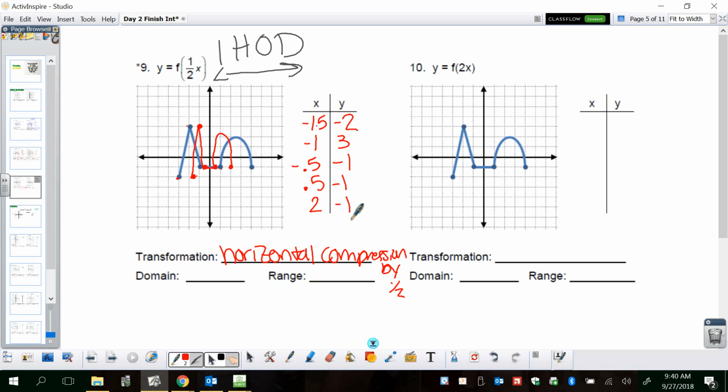So this time, if you look at the original table and the new table, it halved. The x is halved. So our domain is -1.5 to 2.